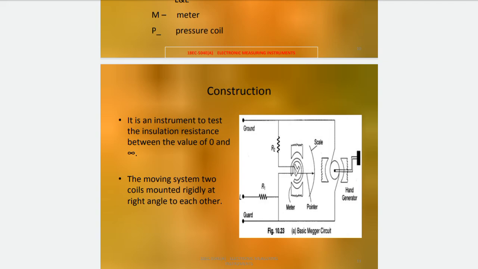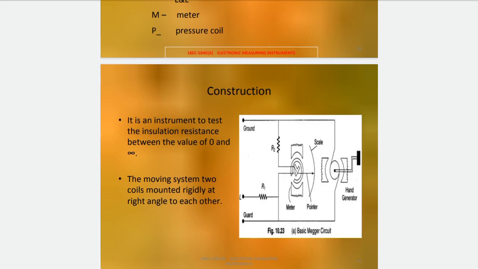The deflecting coil is connected in series with R1 between one generator terminal and the test terminal. The series resistance protects the deflecting coil in the event of the test terminals getting short circuited and also controls the range of the instrument.